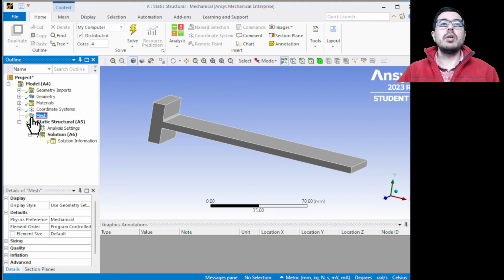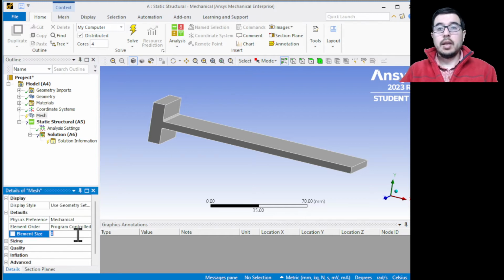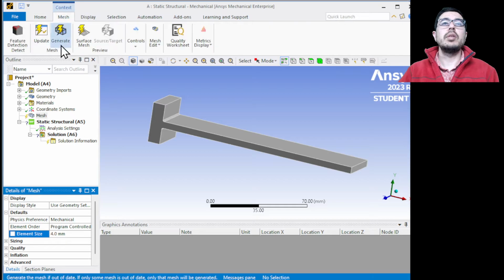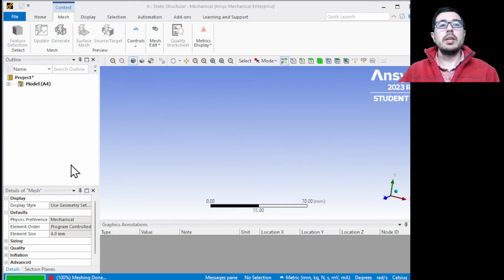And we're going to mesh using an element size of, let's say, let's start with 4 and see what that looks like. Here it is. Okay, generate. Give that a second.